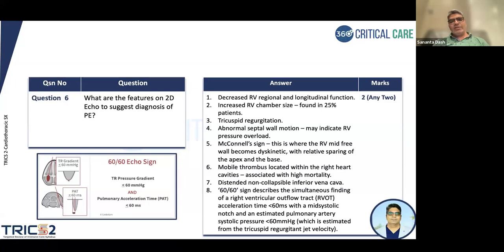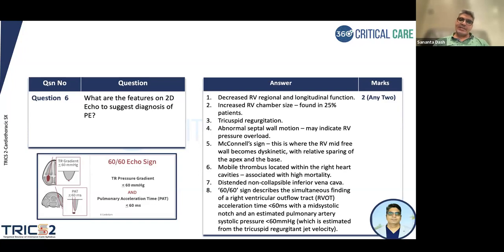And there may be a mobile thrombus that you can see on the right side of the heart, either in the ventricle or going into the pulmonary artery. Very rare to see it. There may be a distended non-collapsible inferior vena cava, which represents a raised right heart pressure. And you told about the 60-60 sign, which describes the simultaneous finding of right ventricular outflow tract acceleration time less than 60, with a mid-systolic notch, and an estimated pulmonary artery systolic pressure of less than 60.